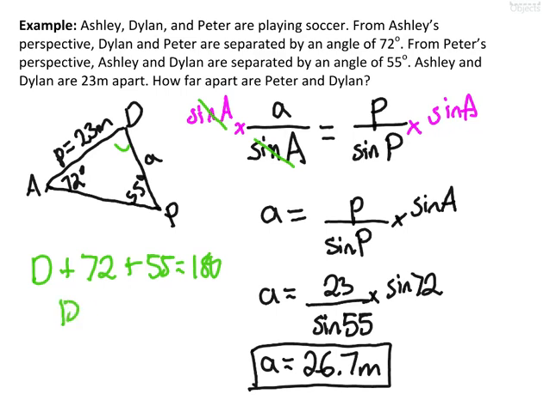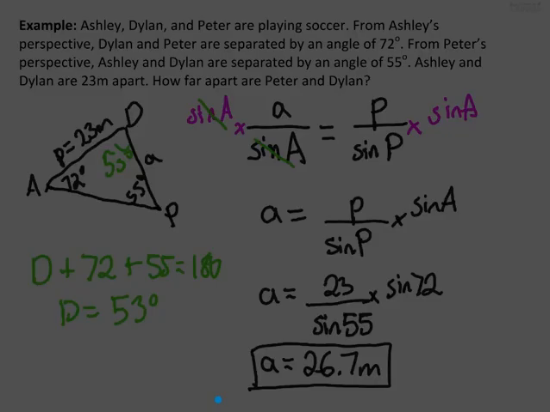So I could find angle D by just subtracting the 72 and the 55 from 180, which would be 53 degrees. So I know every single angle. So that triangle is fixed, right? I know that's 53 degrees then in here. And if I know that side, then every side length will be fixed. There's only one answer for A.